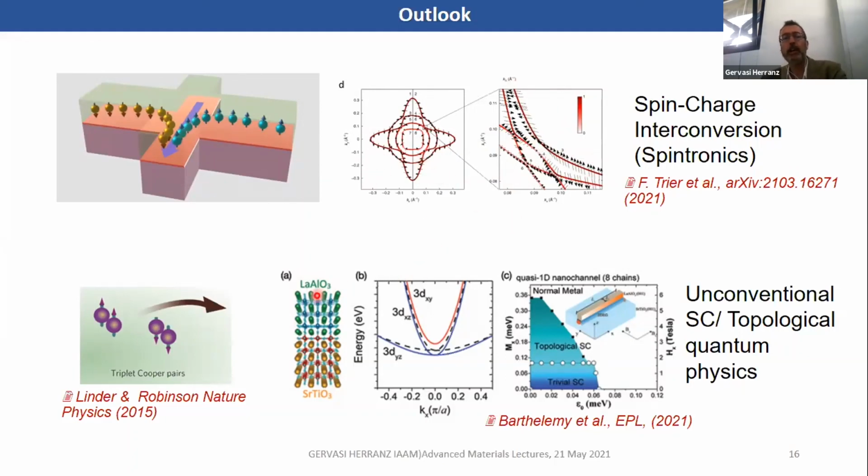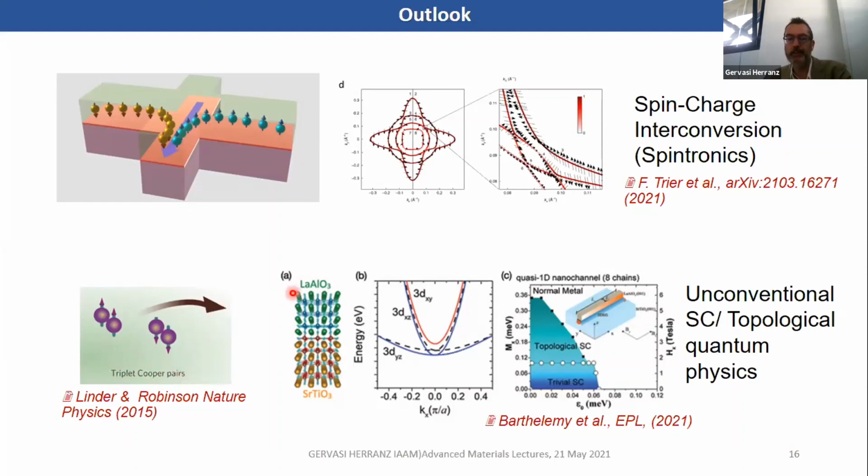And there are interesting effects related to non-trivial spin structures in the electronic band structure of this system. And another interesting prospect is that of unconventional superconductivity and the possibility of developing topological quantum physics with this. And the basic thing is that, remember that previously I mentioned that this system has a strong spin-orbit coupling due to the Rashba effect. So the combination of superconductivity and strong spin-orbit coupling can give rise to the possibility of generating triplet Cooper pairs.